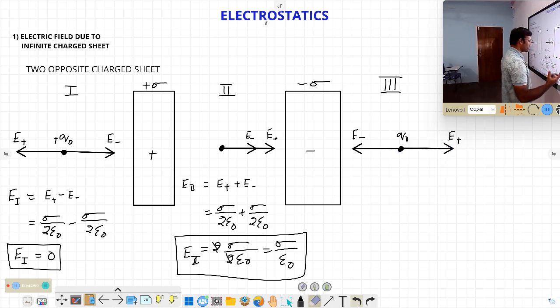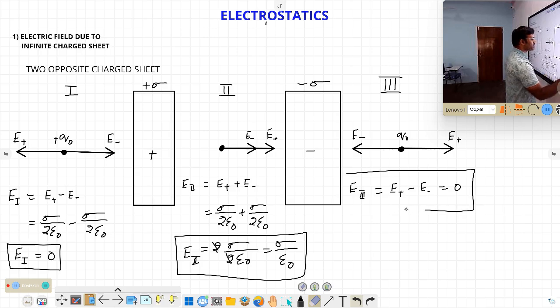Both are always in opposite directions. So the electric field in the third region is E plus minus E minus. Since both have the same charge density, that becomes equal to 0.